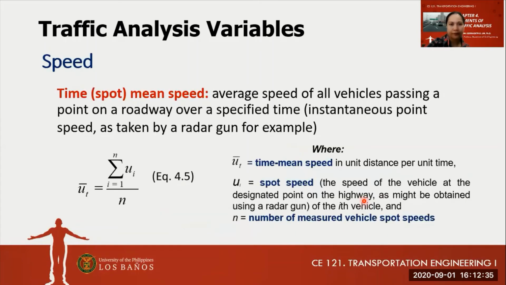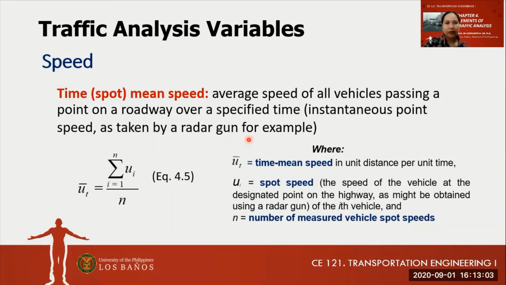Now, there are two kinds of speed we use in traffic analysis. The first one is the time or spot mean speed. This is the average speed of all vehicles passing a point on a roadway over a specified time, or instantaneous point speed as taken by a radar gun, for example.